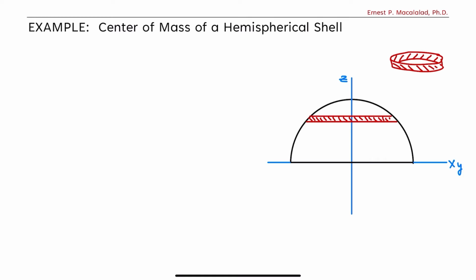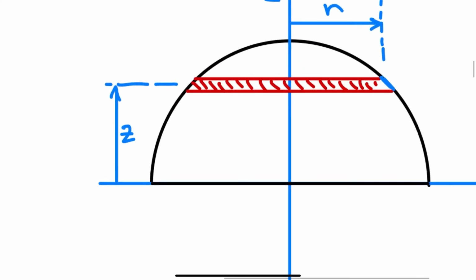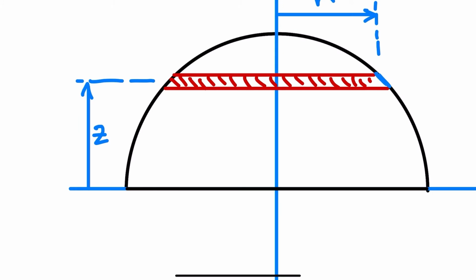So let's define the following parameters. Let's say the radius of the disk is r, and the distance from the xy axis would be z. But instead of using the thickness to be dz, what we're looking at is the arc length that this part takes. If we zoom in here, this will be the line joining these two parts, and another line here.